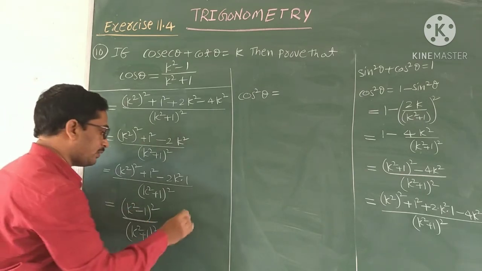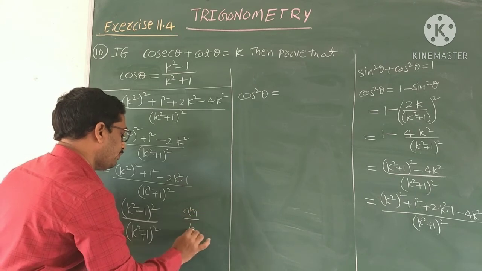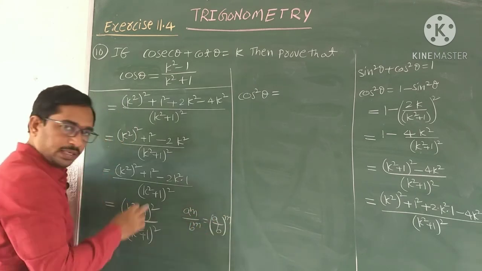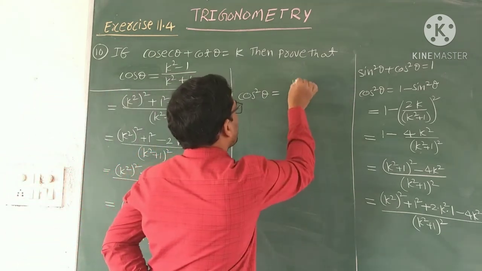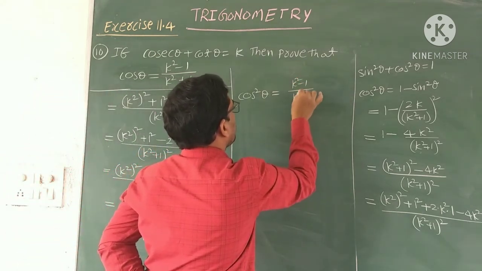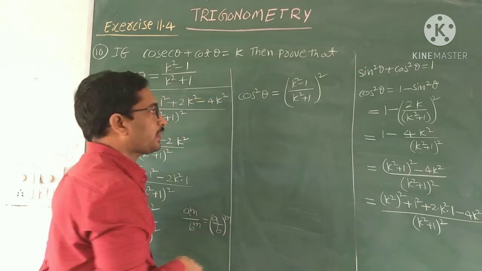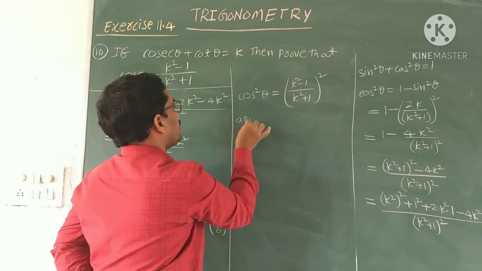Right, combine the square. The formula a power m by b power m equal to a by b whole power m. So k square minus 1 by k square plus 1, combined square. Apply square root on both sides.